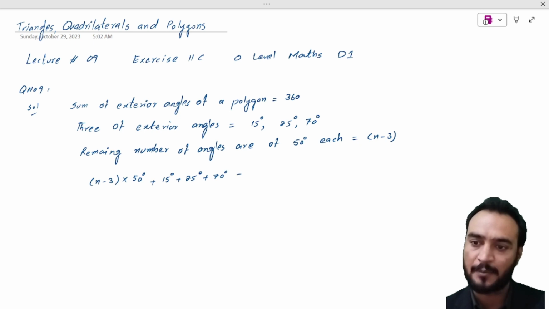We put this sum equal to 360 degrees. Solving this equation, we get the number of sides in this polygon, that is the value of n.